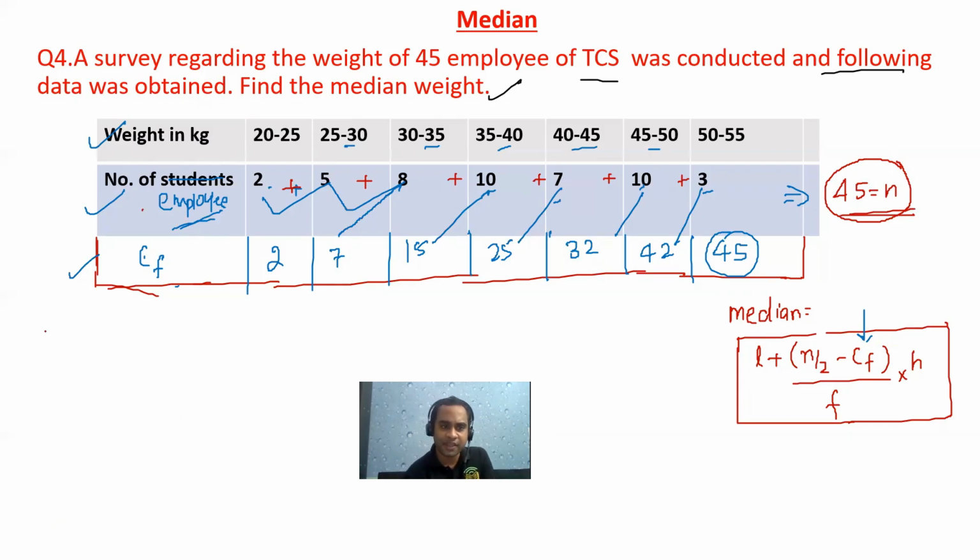Okay, so the first thing we do here is calculate N by 2. Once we calculate N by 2, we will be able to get the median class. So N by 2 is 22.5. Okay, so we look for the number just bigger than that.